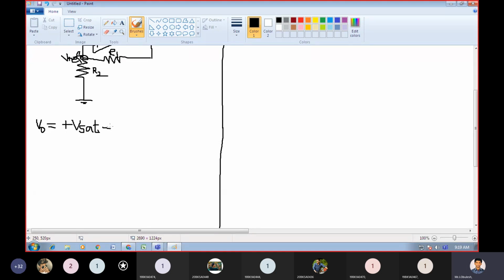The upper threshold voltage is represented as VUT, which is equal to R2 into plus V saturation divided by R1 plus R2.